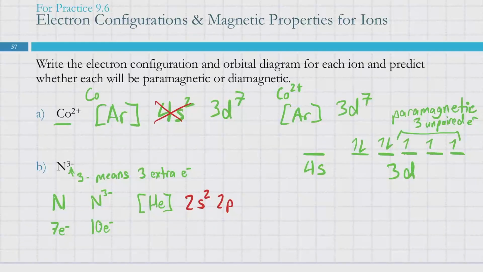So it would be 2p3, but we added 3 more electrons. So instead of 2p3, it's 2p6.